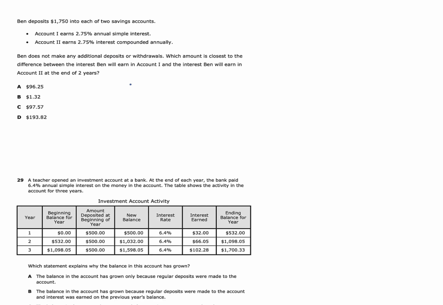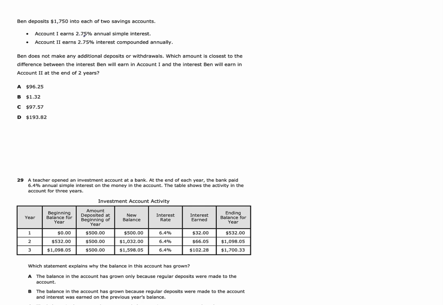Okay, let's look at the next one. This one has compound interest. And as I told you, compound interest is similar to exponential growth. So that's why I decided to use this one. Here it says Ben deposits $1,750 into each of two savings accounts.